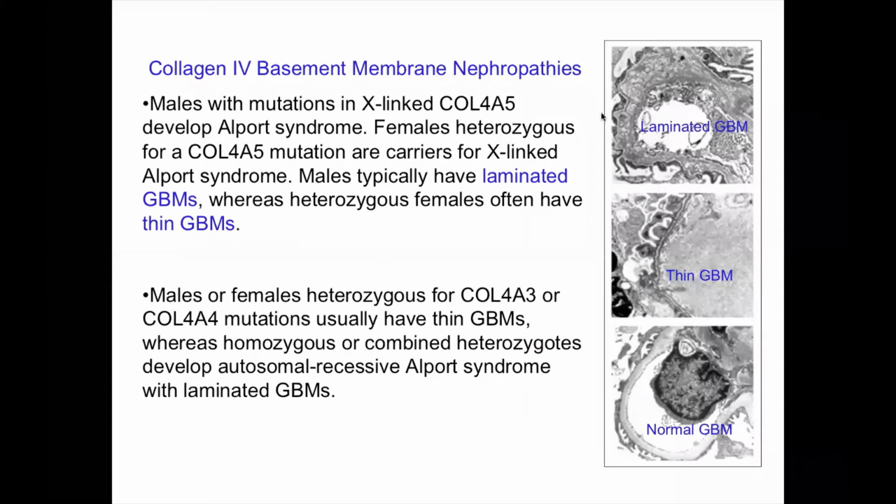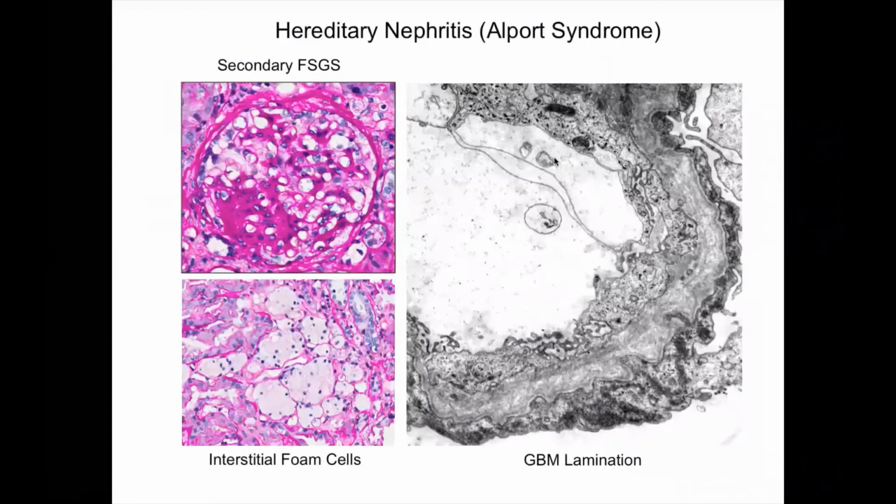Now, over a long time, there is escape of protein and red blood cells from the glomerular tuft, coming out into Bowman's capsule.